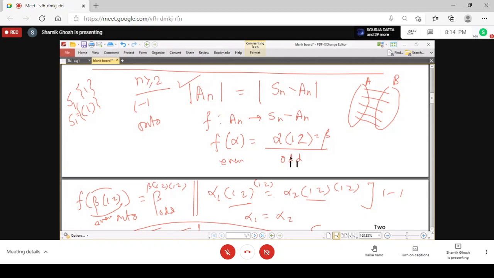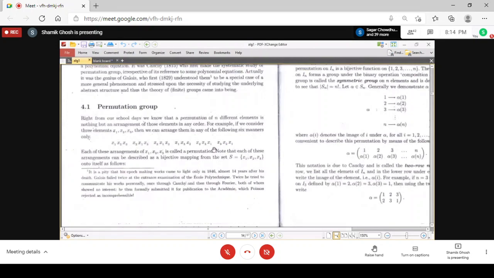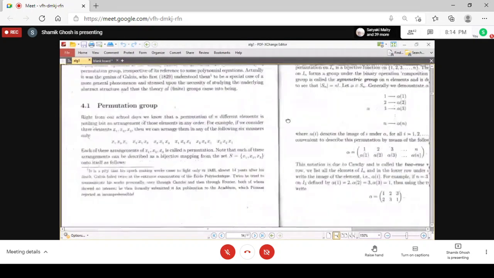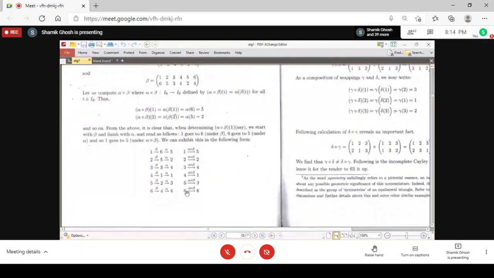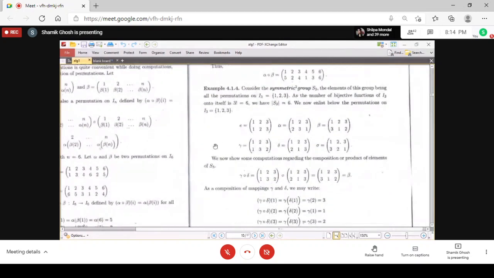Now let me survey the results described in the book. First, they gave many examples of how to compose, as I did also: alpha composed with beta, beta composed with alpha. Then, as we did, they described completely S3, the 6-element non-commutative group.